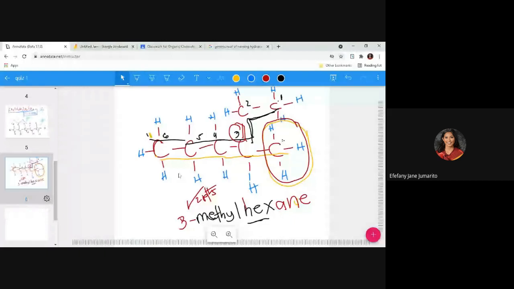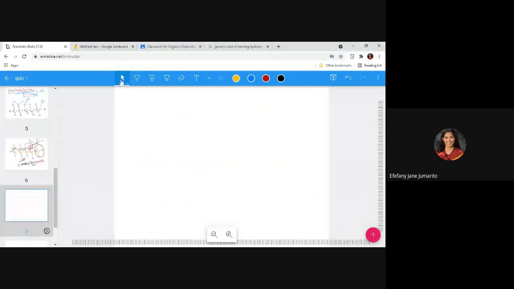Okay, in writing the condensed structure, we will just follow this one. It has 6. So in writing the condensed structure, that will be C. We will write first the carbons 1, 2, 3, 4, 5.